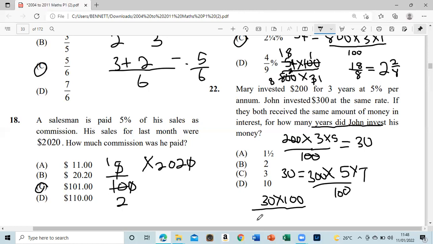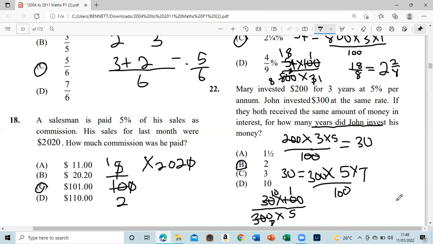So it's 300 times 5. This into this is 1, 3 into itself 1, and 3 into 30 is 10. So it's 10 divided by 5, so it's 2.